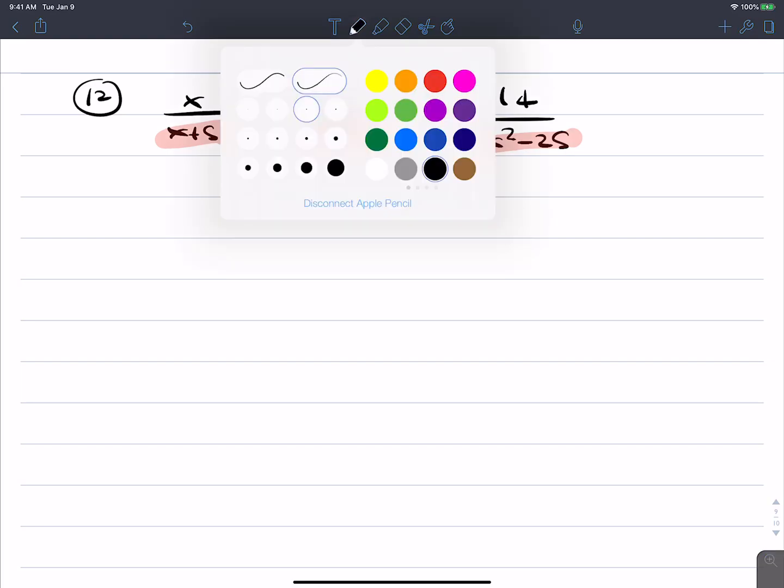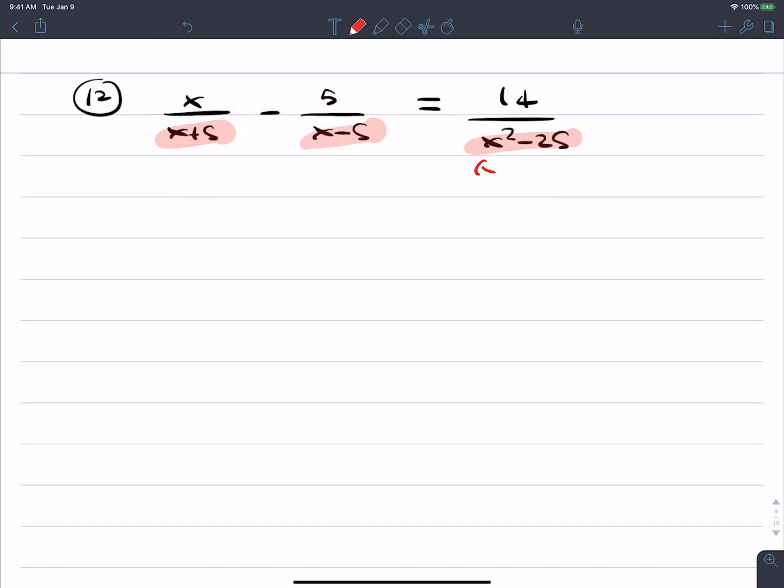We said this term down here we can factor as x plus 5 times x minus 5. Is that true? So when we went over how to find the least common multiple, we need x plus 5, that's our first term, x minus 5, and x plus 5 times x minus 5. Well, I'm sorry, that's not the LCM. That's your terms here, right?